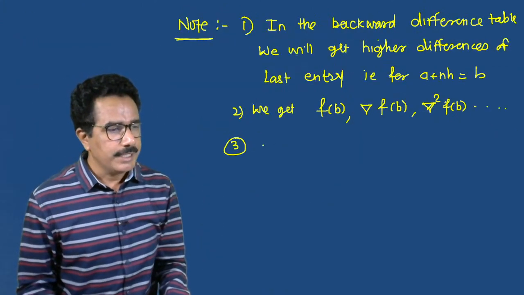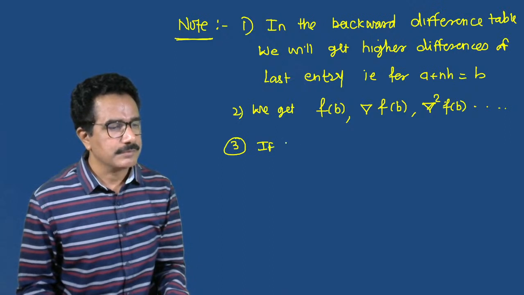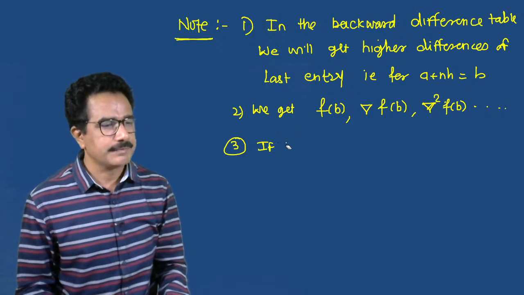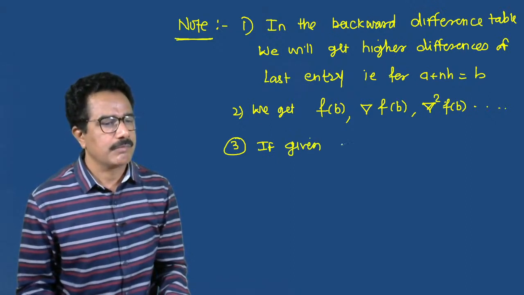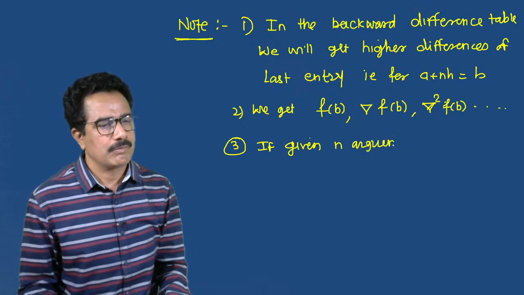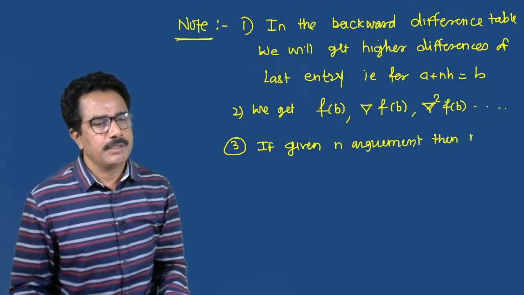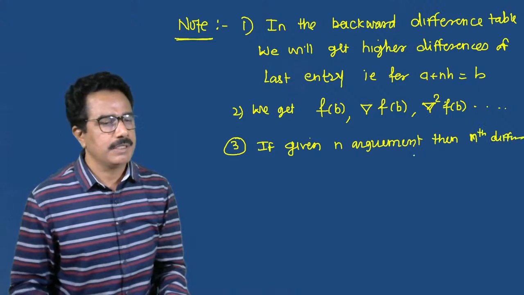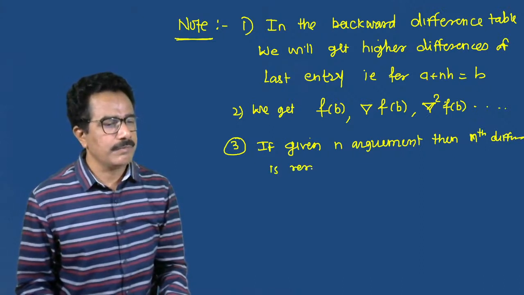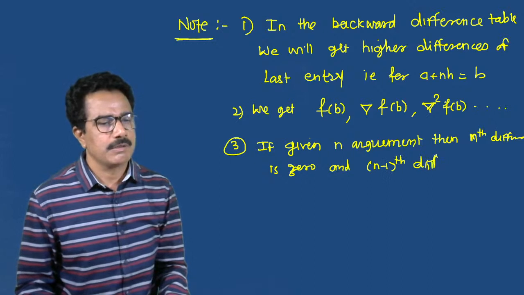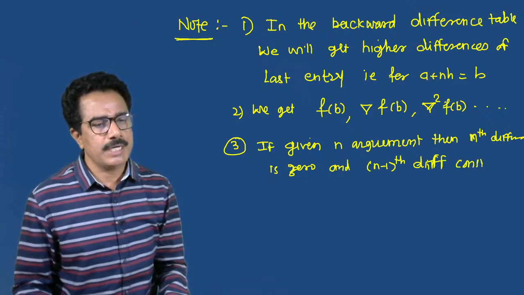So if n arguments are there, then the nth difference is 0 and the (n minus 1)th difference is constant.